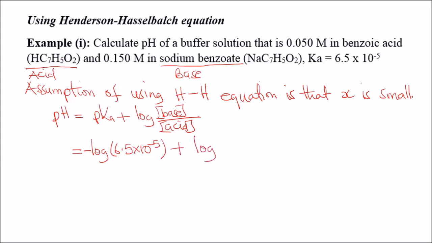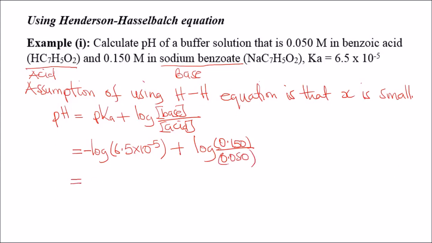We know that our base has a concentration of 0.150 molar, so here at the top we'll put 0.150, and at the bottom we know that our acid has a concentration of 0.050, so down here we'll put 0.050.